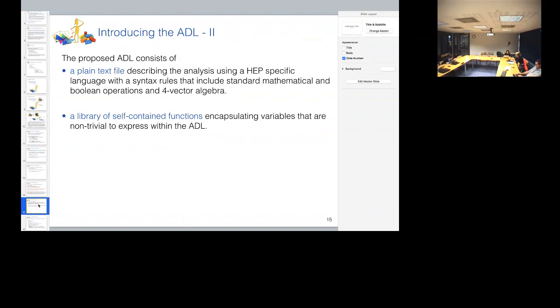And again, the key is getting the scope right. We don't want to go so far that it basically just becomes another GPL, general purpose language, but it has to be sufficiently expressive to make it useful. However, we expect that there will be many variables that are quite complicated to describe in such a language.